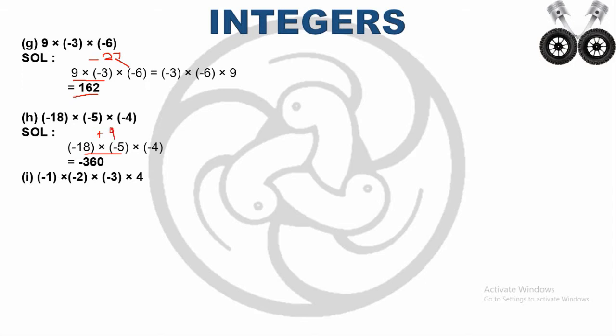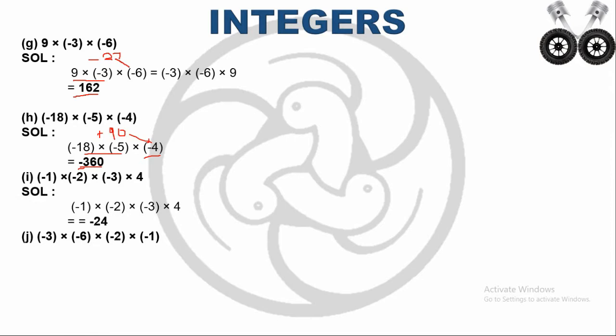So 90 into minus 4. Again these two integers have different signs, one negative and one positive, so plus into minus gives a negative sign. Then 90 into 4 is 360. So the final answer is minus 360.